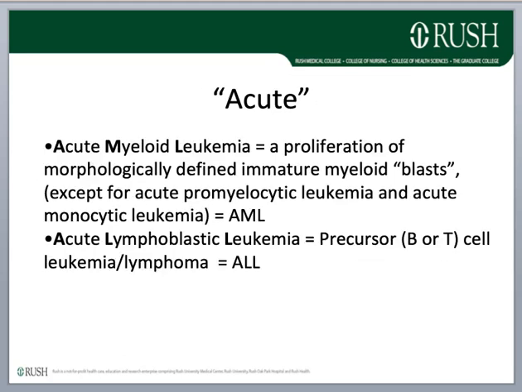Now in this presentation I'll cover acute myeloid leukemia, or AML, which is a proliferation of immature myeloid blasts. There are a couple high-yield exceptions, including acute promyelocytic leukemia and acute monocytic leukemia, which I will also cover.